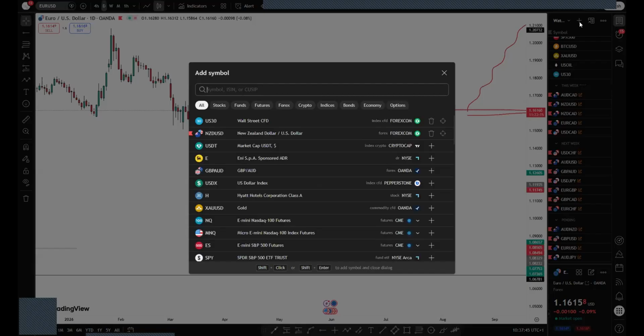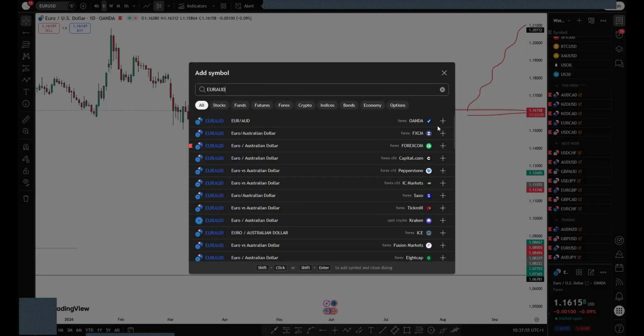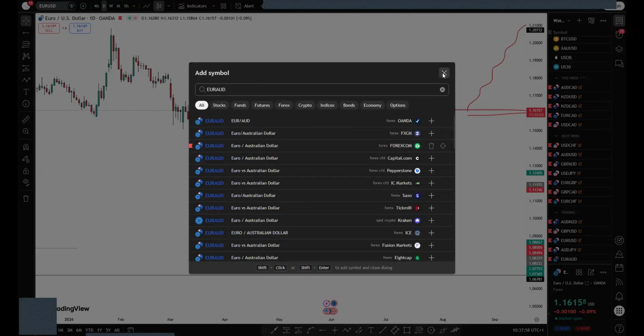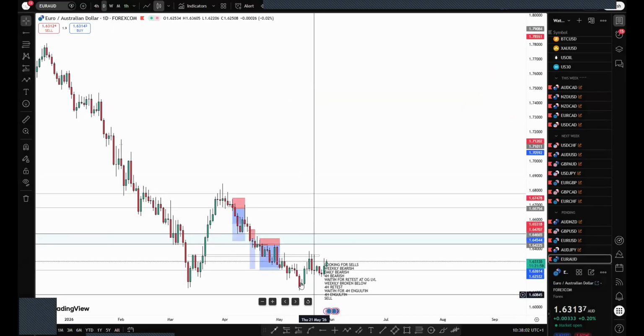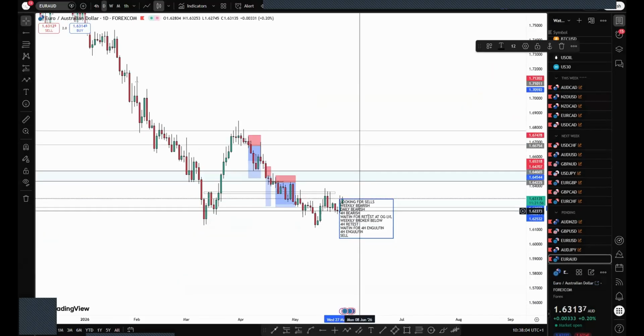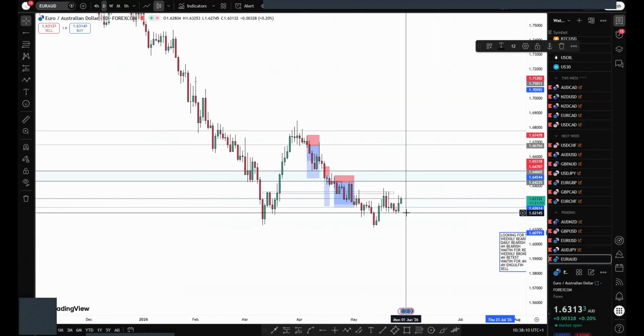These gaps I don't like. So let me just use Euro AD here. This is Euro AD, and I was looking for sales. I used to trade this pair a lot, but it's usually in the same direction as GBPAD, so that's why I just focused on one.